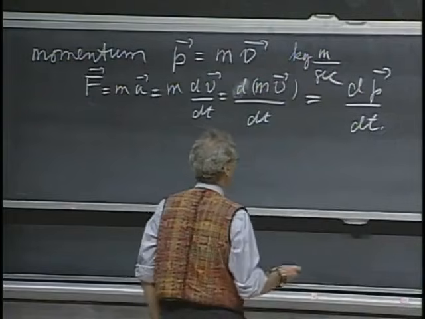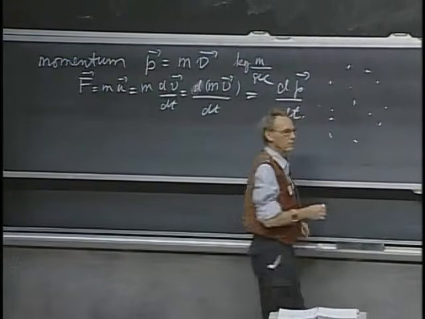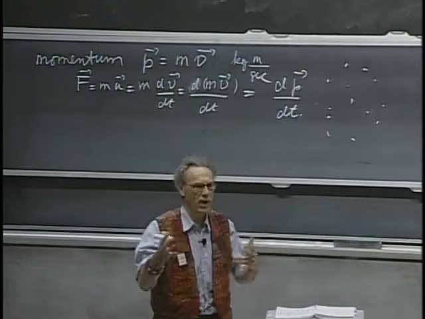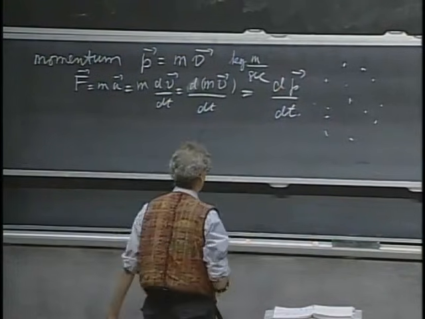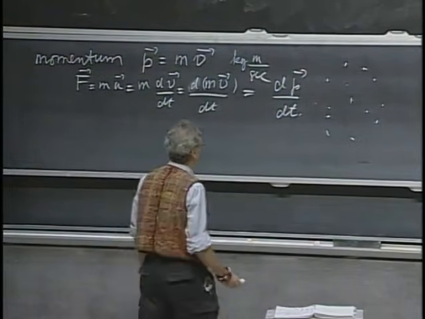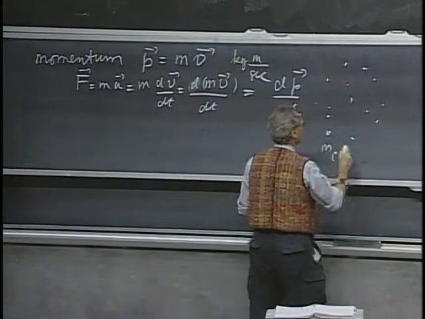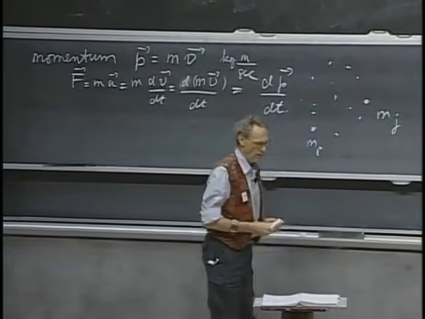Let us now envision that we have a whole set of particles which are interacting with each other. And the interaction could be gravitational interaction, could be electrical interaction, but they're interacting with each other. Zillions of them, a whole star cluster. I pick one here, which I call mi, and I pick another here, which I call mj.